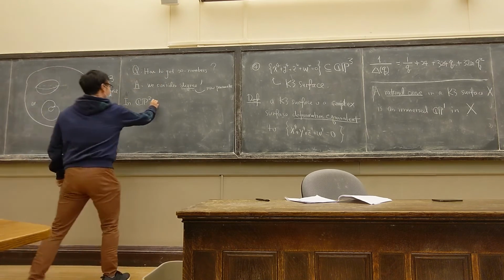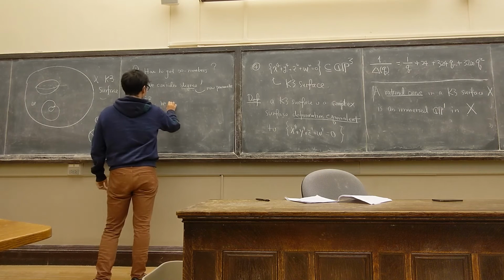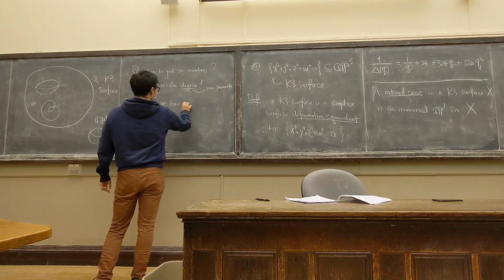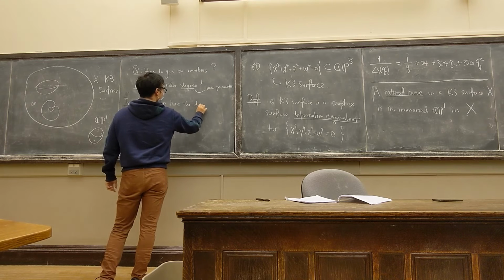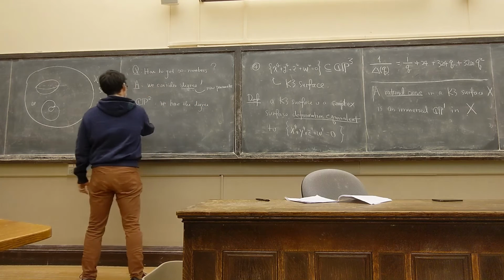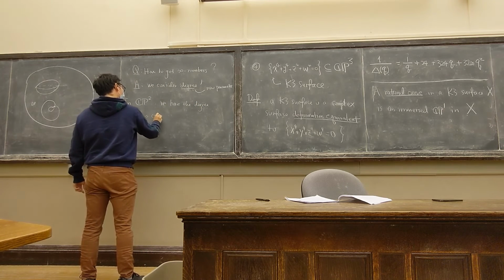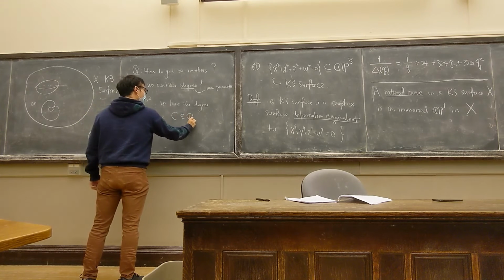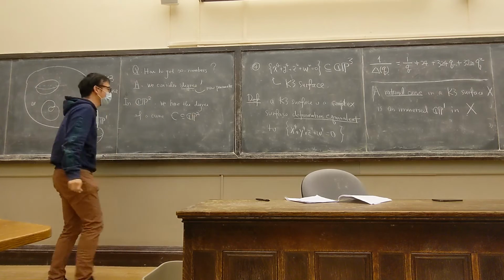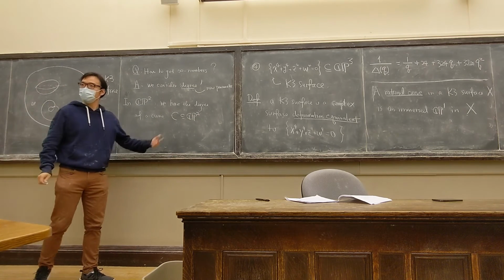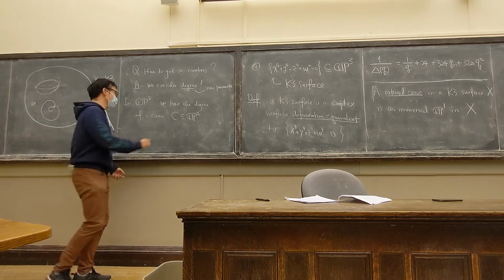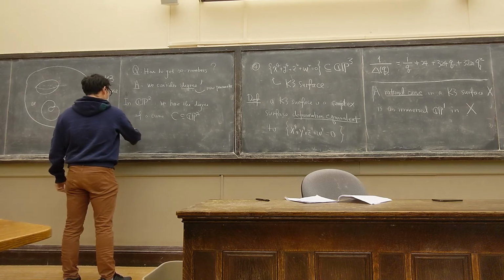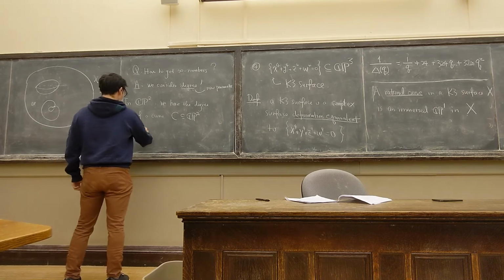You can just talk about the degree of the polynomial. So in this case, we can talk about the degree of a curve C inside CP2. If you embed your curve inside CP2, then you have a degree, which is the degree of the corresponding polynomial equation.